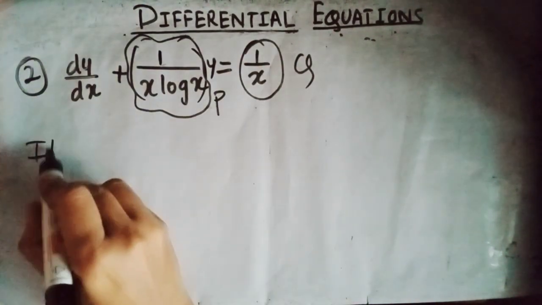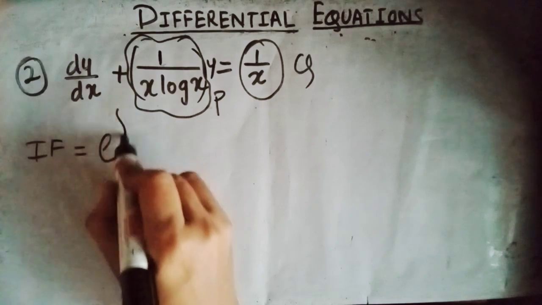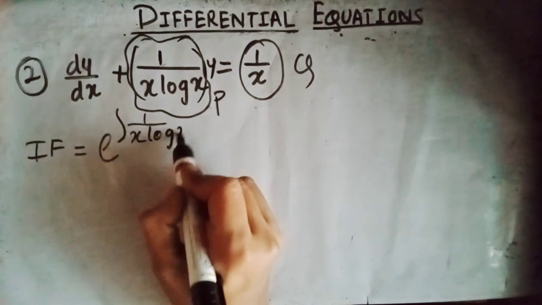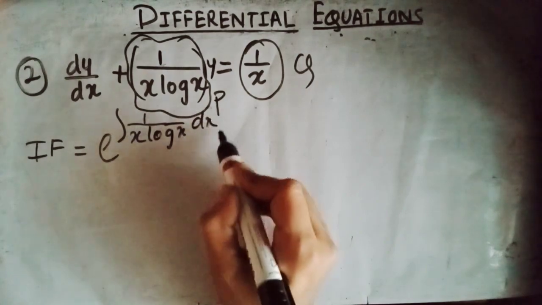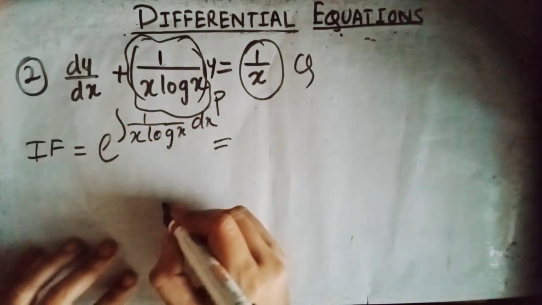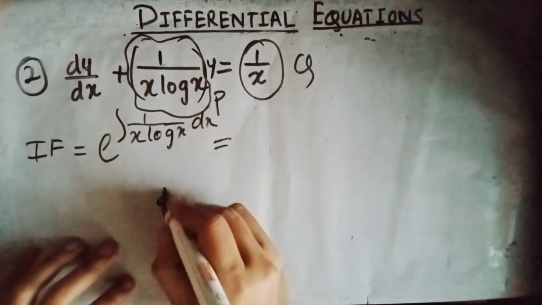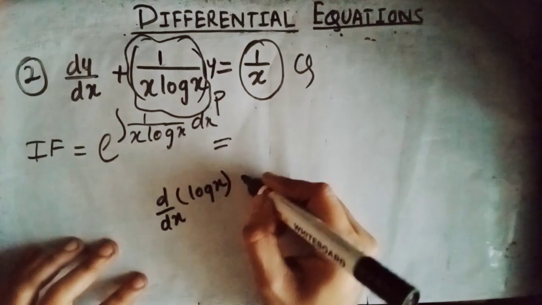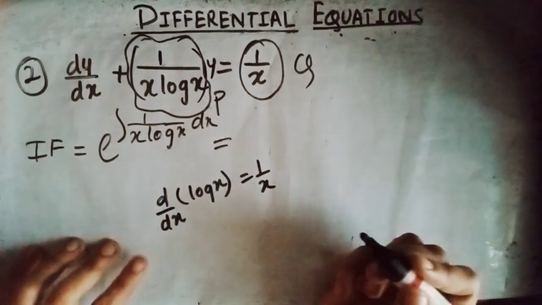So let's write the integrating factor e raised to integral 1 upon x log x dx. Okay, so now you can identify this, that is the derivative of log x is 1 by x, right?